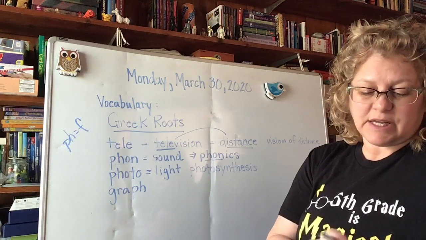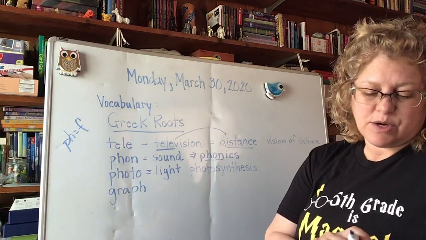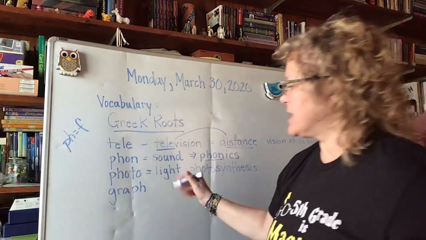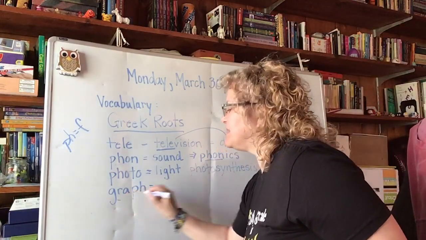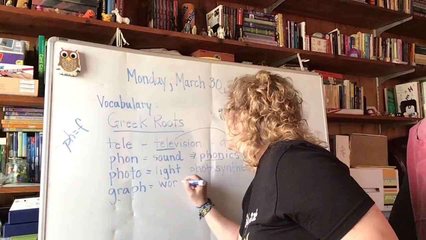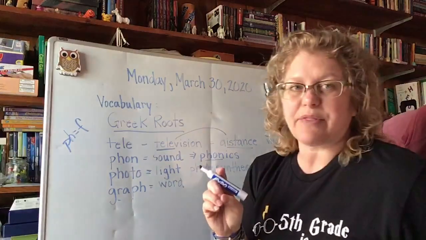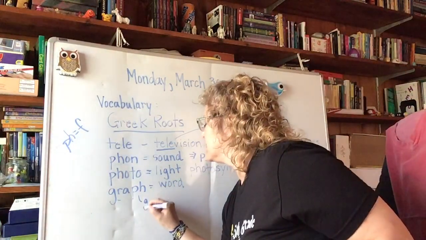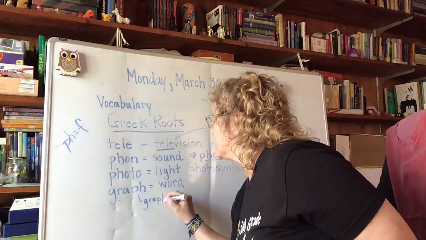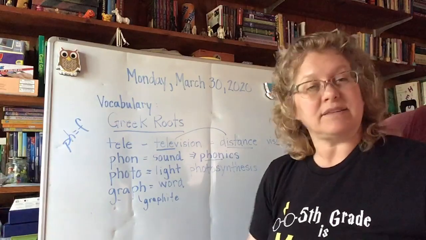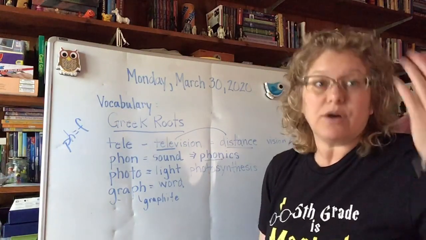So a telegraph would mean a distant word, right? If we're thinking about that, graph means word. If you think about the word graphite, graphite is what's in pencils, and it's what we use to write words.